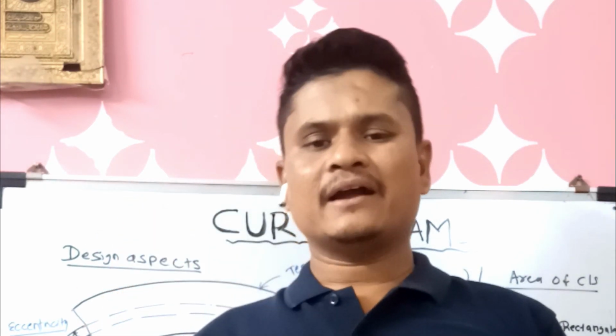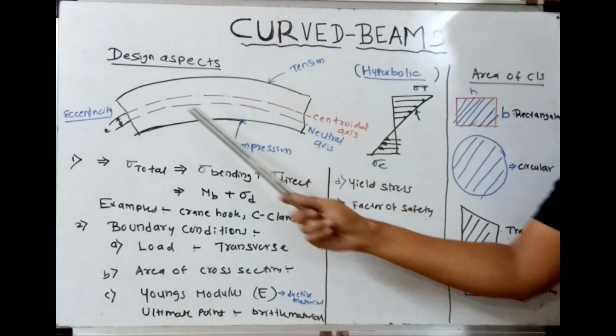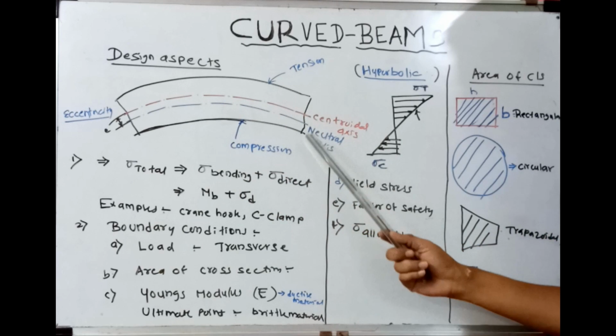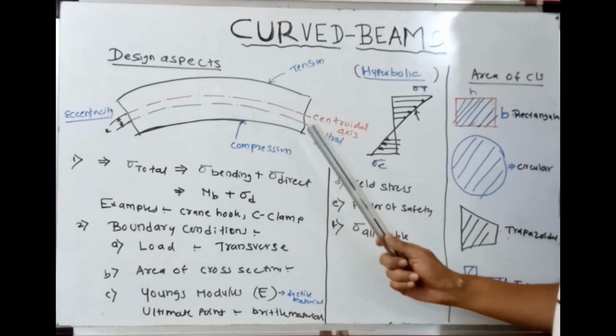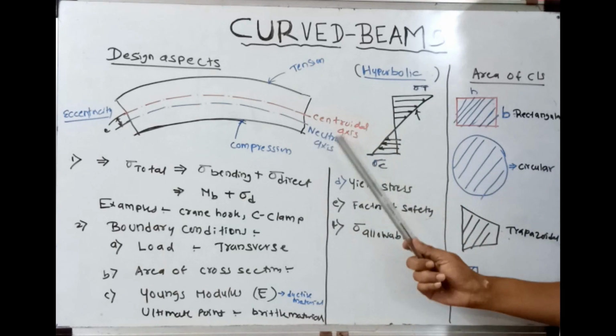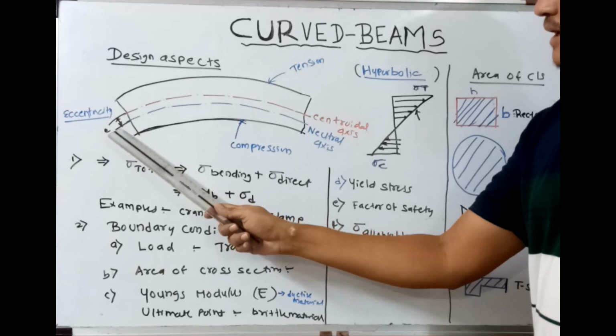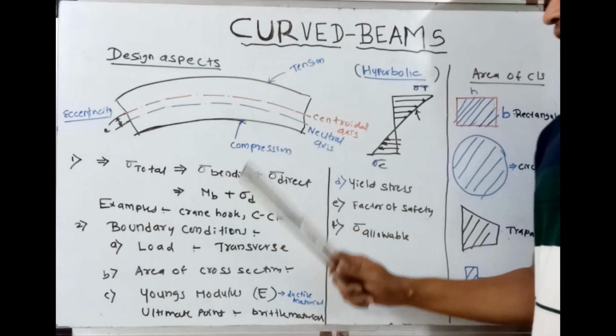The difference between a straight beam and a curved beam is that in a beam, both the centroidal axis as well as the neutral axis coincide with each other, but in a curved beam, the centroidal axis and neutral axis do not coincide, and the difference between them is called eccentricity.